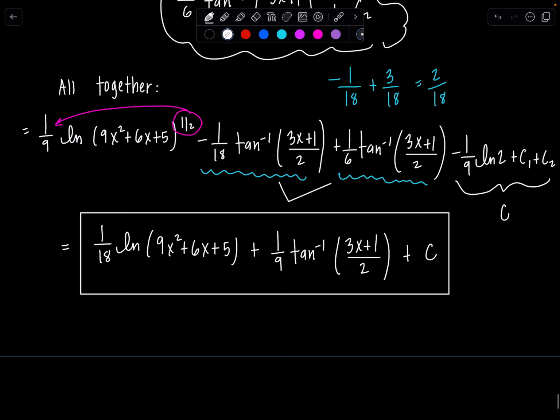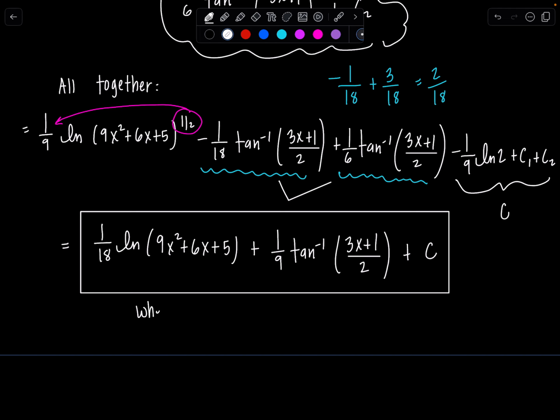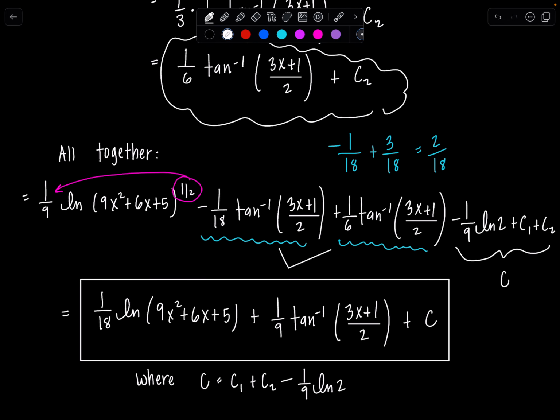I need to be precise, where c is c1 plus c2 minus, let's put that last, 1/9 natural log of 2. Boom, boom. So that concludes the integral of the day.